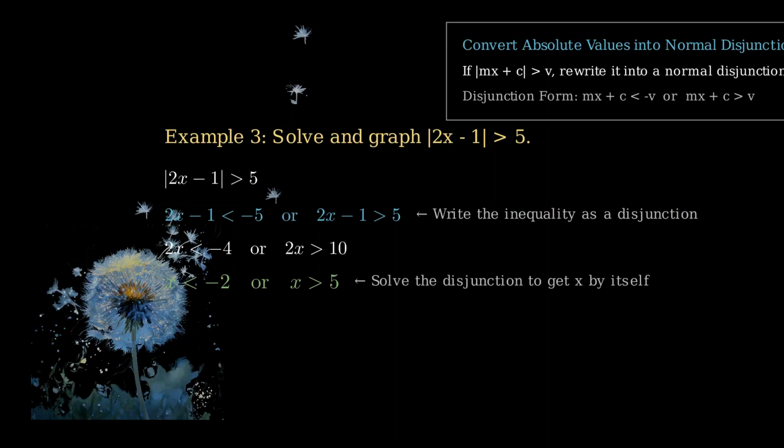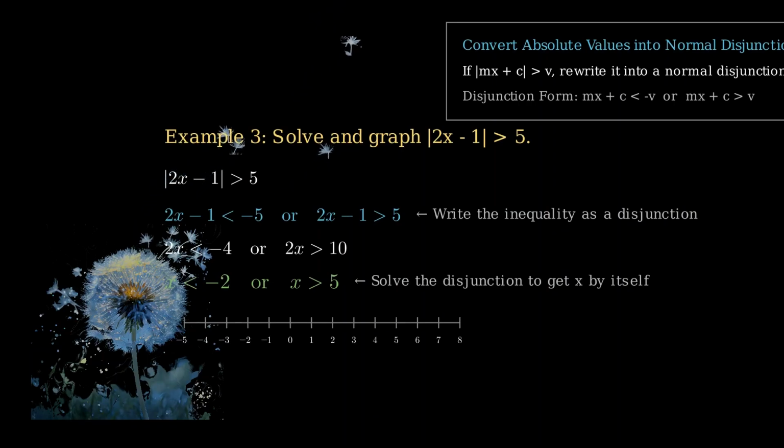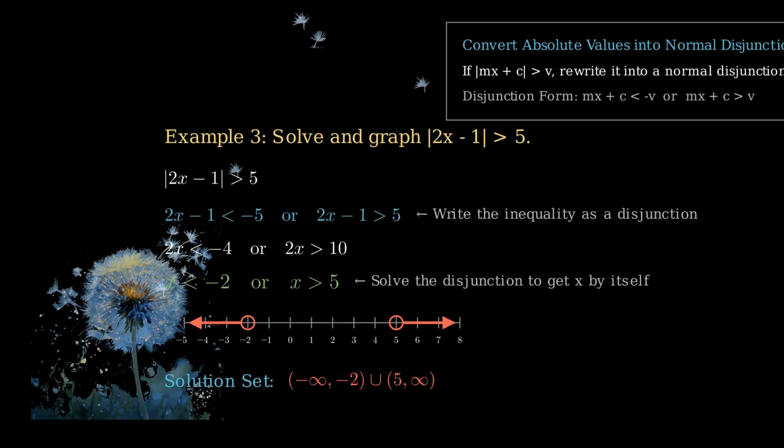First, we write the inequality as a disjunction. This gives 2x minus 1 is less than negative 5, or 2x minus 1 is greater than 5. To get x by itself, we add 1 to all parts, getting 2x is less than negative 4, or 2x is greater than 6. Then, dividing by 2, we get x is less than negative 2, or x is greater than 3.